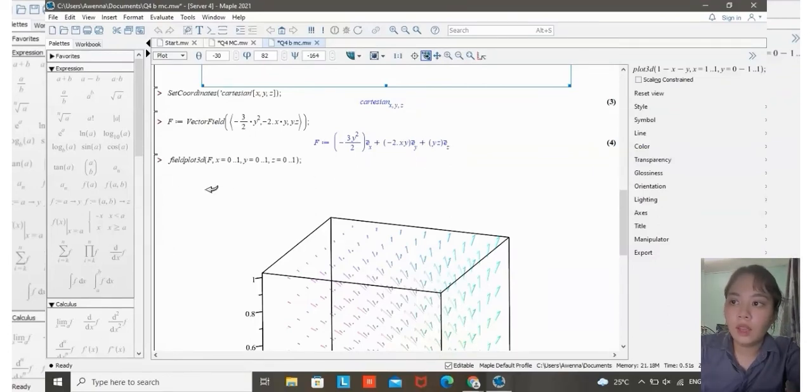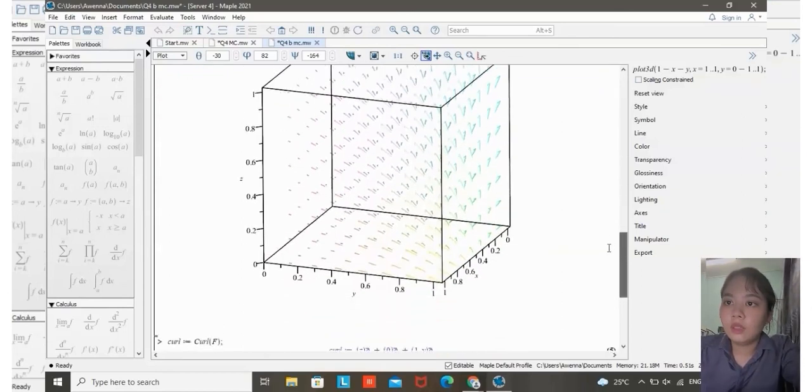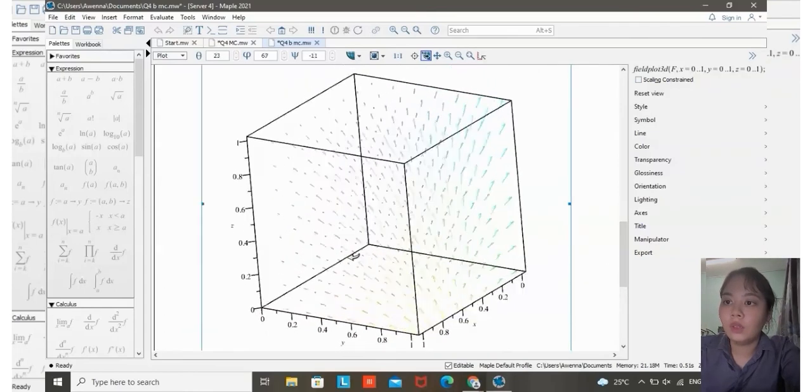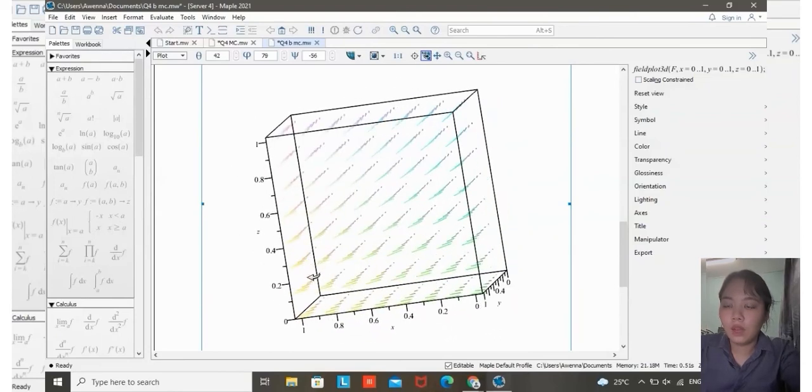And next is to plot the 3D drawing in order to see the movement of the flux. I have used the function fieldplot3d f, which is our variable earlier, x from 0 until 1, y from 0 until 1, and z from 0 until 1. As you can see here, this is the 3D drawing that we have produced, where you can see the movement of the flux.